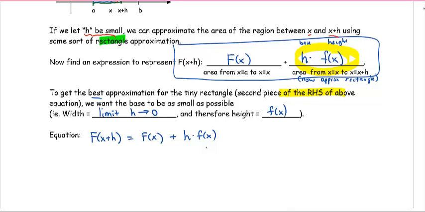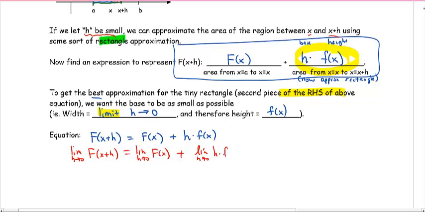So in order for us to do this now, I want us to apply this idea of limit to the entire equation. So I'm going to say the limit as h approaches 0 of capital F of x plus h is also equal to the limit as h approaches 0 of capital F of x plus the limit as h approaches 0 of h times f of x. Okay, we're going to take the limit of everything.